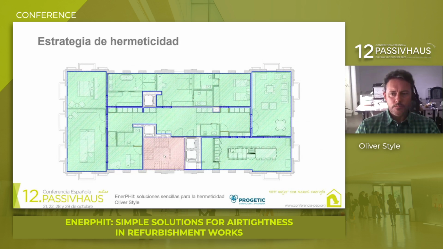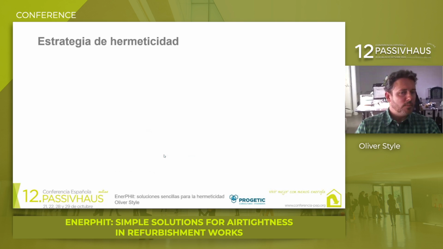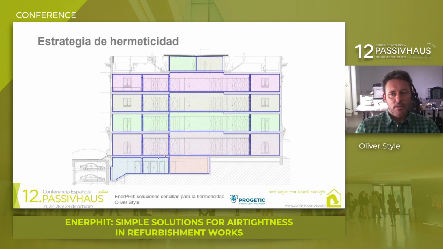The ceiling or hermetic layer was designed as follows. Staircases and elevator openings were incorporated into the hermetic or airtight layer in order to seal the entire building. However, a hermetic layer was also established by floor and property. This was done for two reasons.